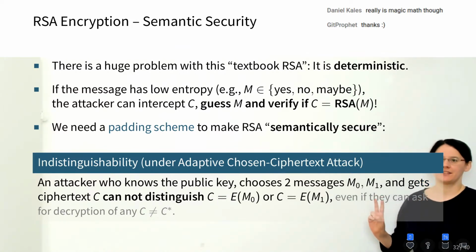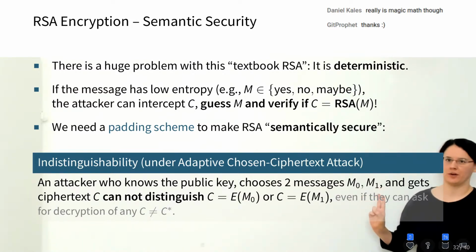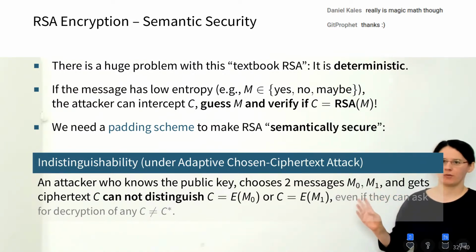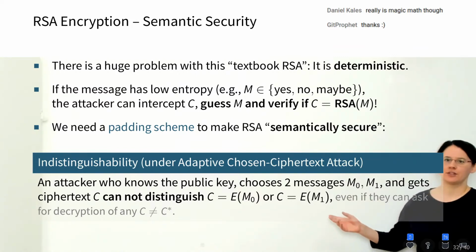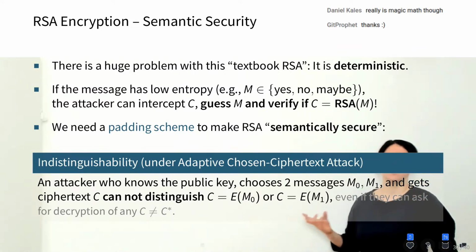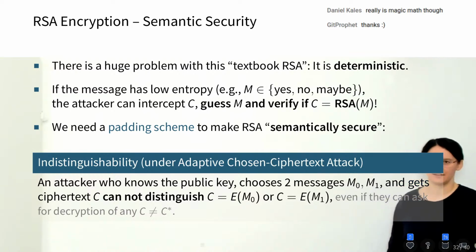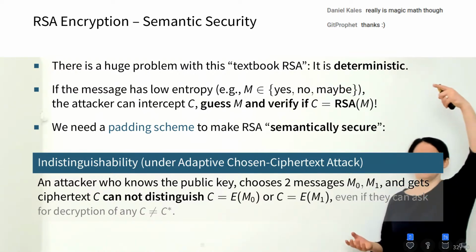And what the attacker receives is the encryption of either message 0 or message 1. Then it must be impossible for the attacker to distinguish which of the two messages is encrypted in the ciphertext. So in other words, exactly what we described here, exactly this is impossible.